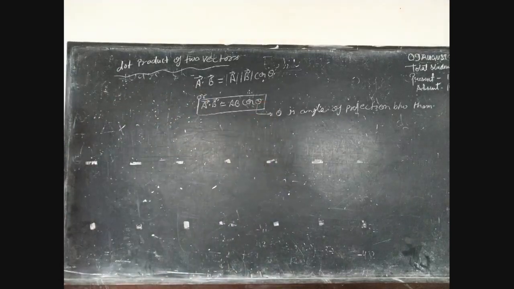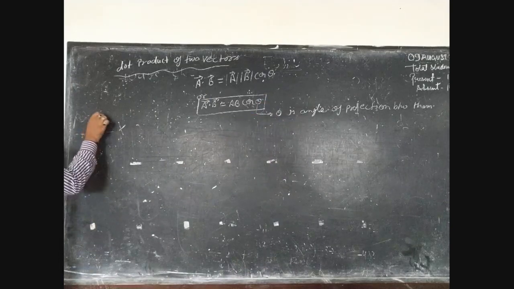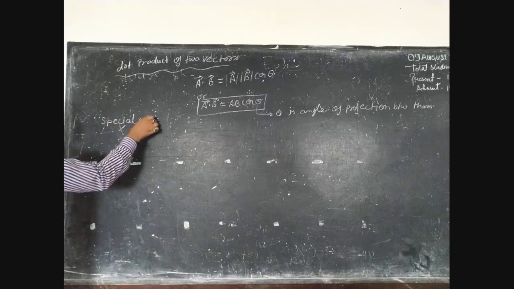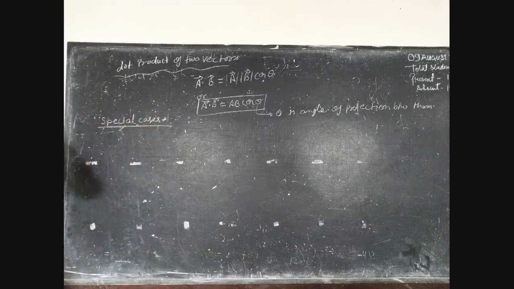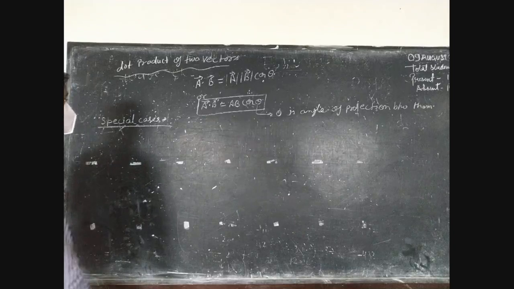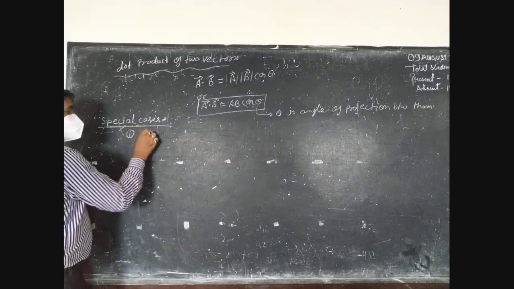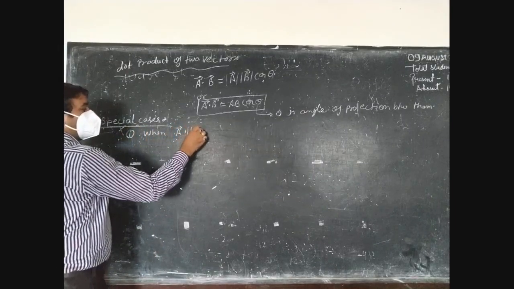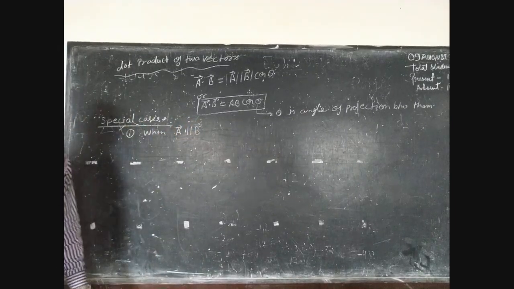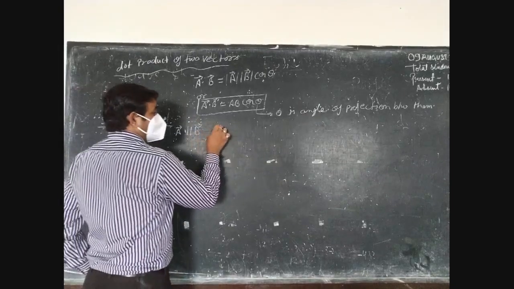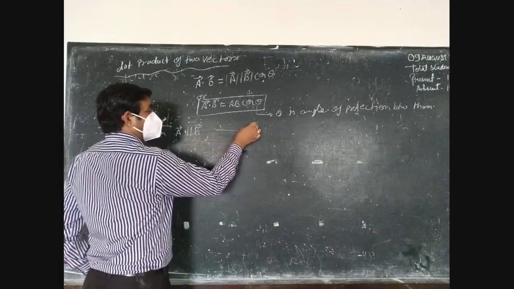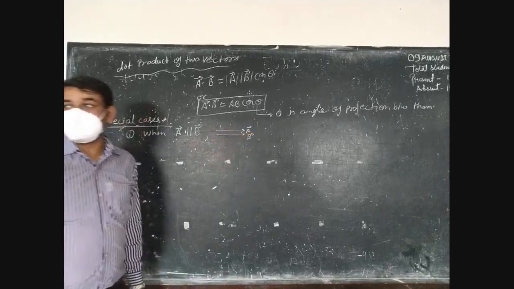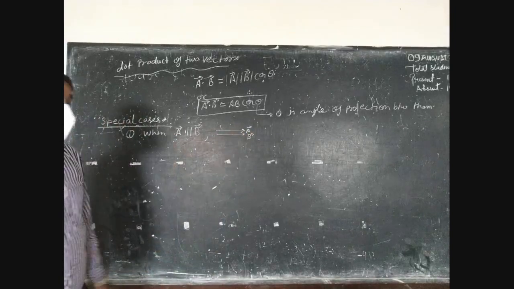Okay, now some special cases. First, we have when vector A is parallel to vector B, that is, vector A and vector B are parallel to each other and acting in the same direction.